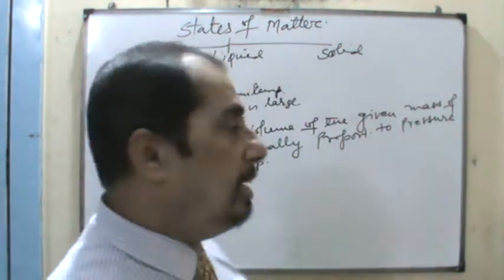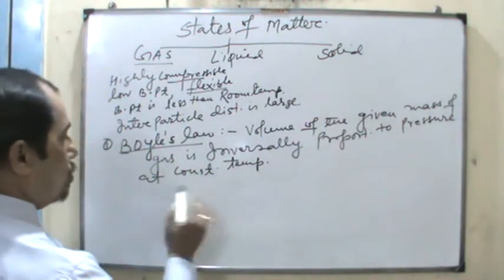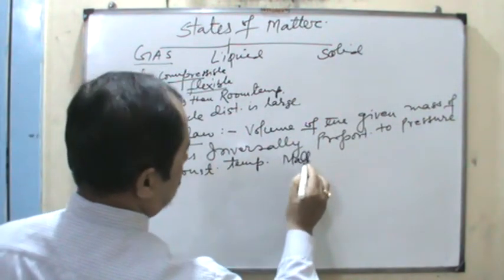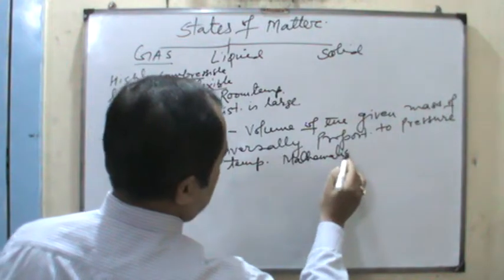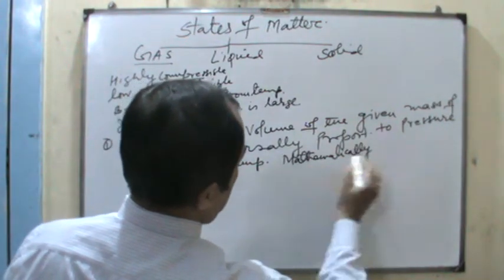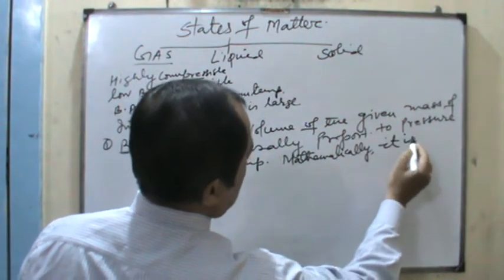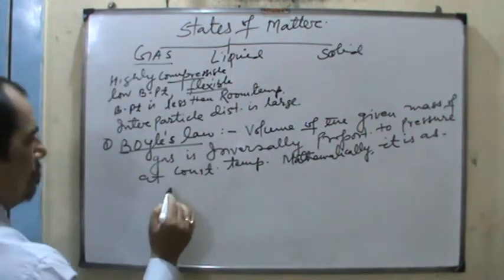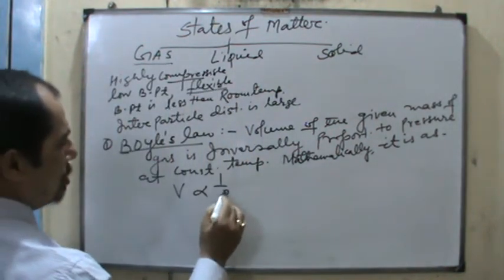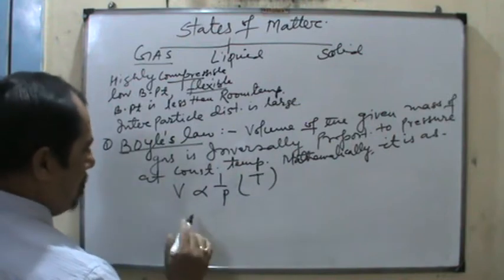Mathematically, Boyle's law can be expressed as volume is inversely proportional to pressure at constant temperature.